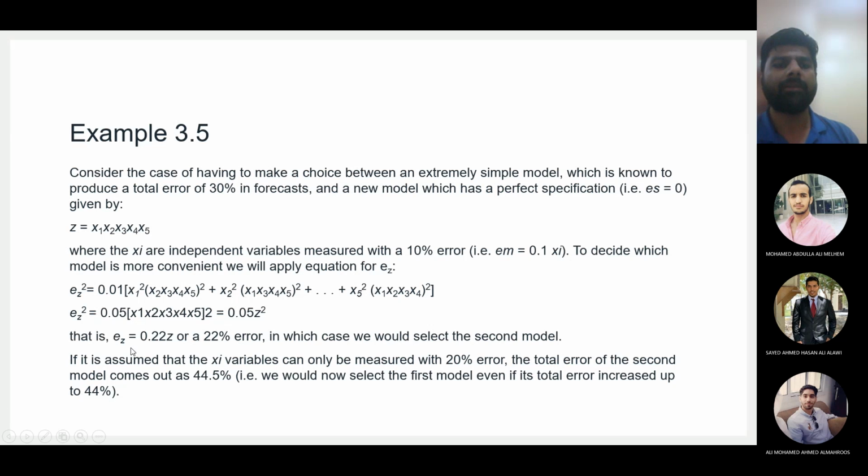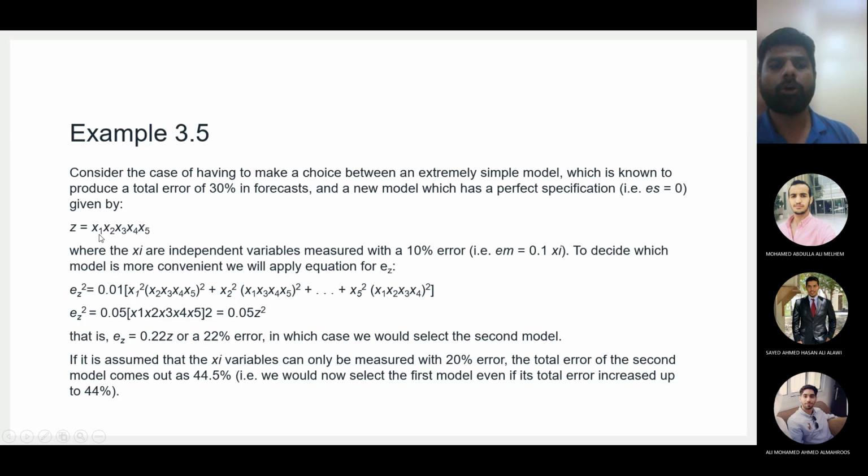So for example, when you do the partial differentiation with respect to x1, you will be left with x2, x3, x4, and x5, multiplied by the error term of x1, which is 0.1 x1, and square of that. So x1 square because of the square, and 0.1 square will become 0.01.